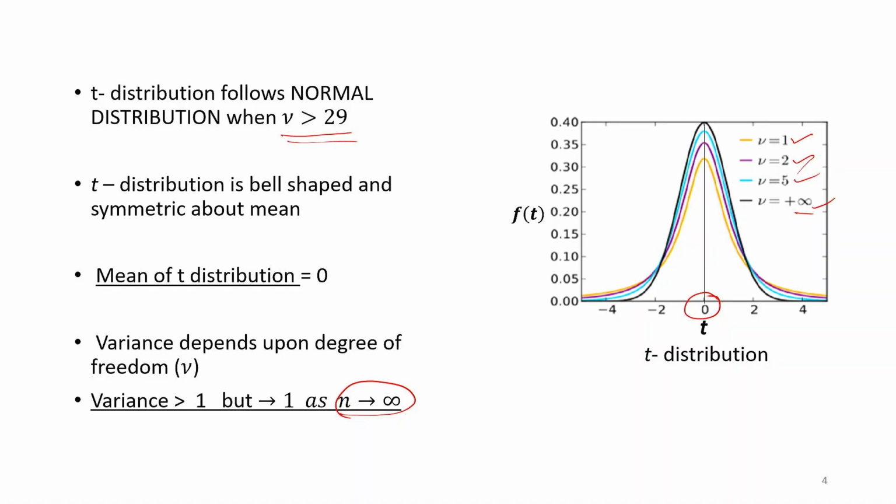So when the sample size is large, the t distribution will approach the standard normal distribution, and since it is approaching it, the value of the variance is going to be almost 1.